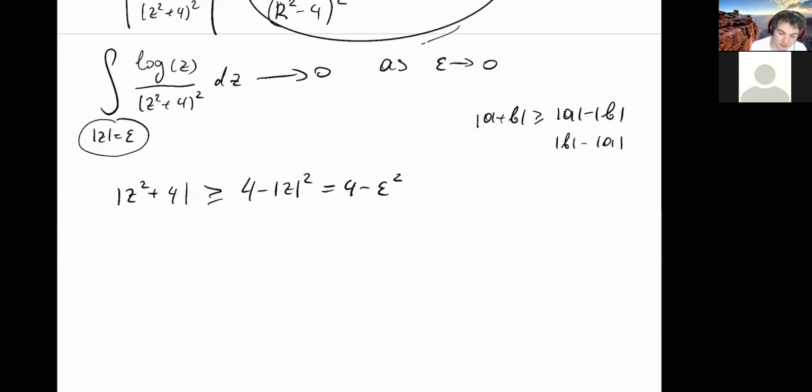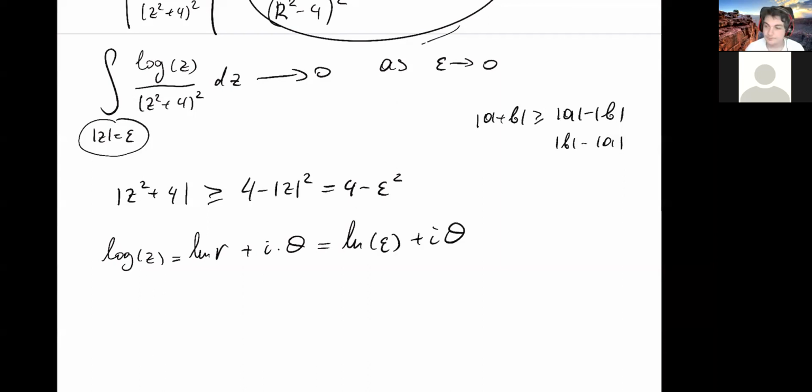And now I need to estimate the logarithm. So what is the logarithm of z? The logarithm of z is the natural log of r plus i times theta. Now what is r? R is the absolute value of z, and the absolute value of z is epsilon. So I get the natural log of epsilon plus i theta. Now I need the absolute value.